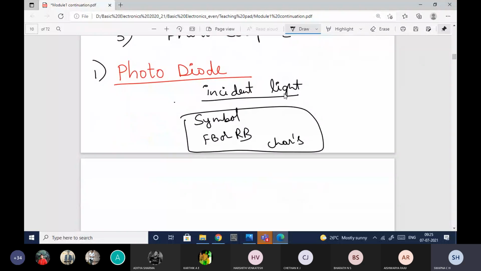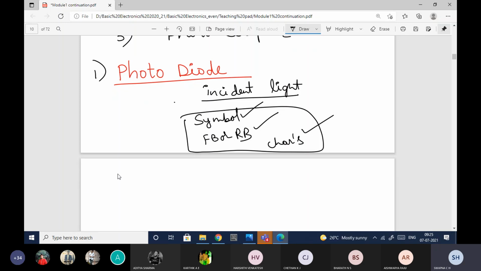It's very important. They may ask the question as write short notes on photodiode, LED, photocoupler, like that. They may give any 2 or any 3 or 1, we don't know. In that case you need to write the symbol, explain whether it is forward biased or reverse biased, and also explain its characteristics.